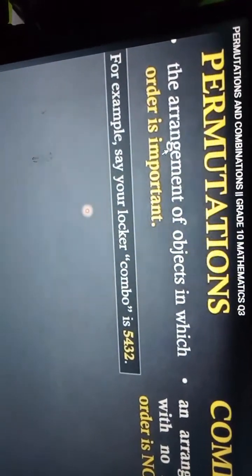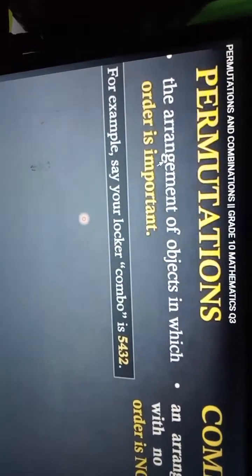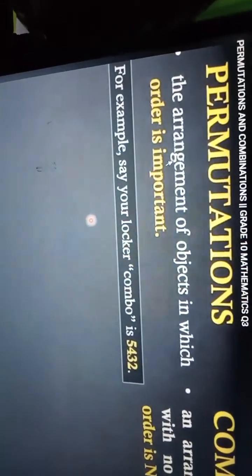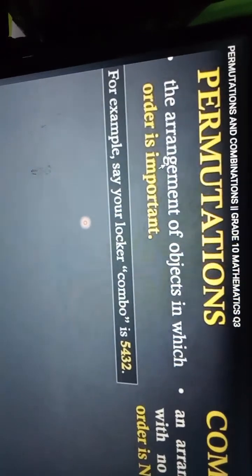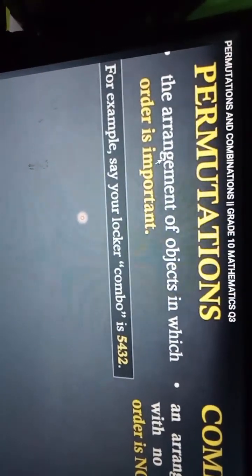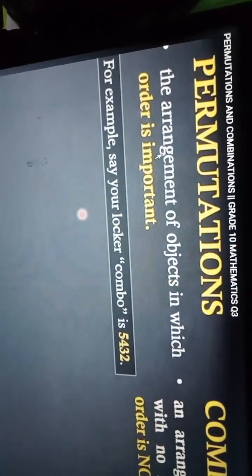So that is the keyword. The circular permutation has this formula: P is equal to the quantity of n minus 1 factorial. And the last, we have the so-called distinguishable permutation.